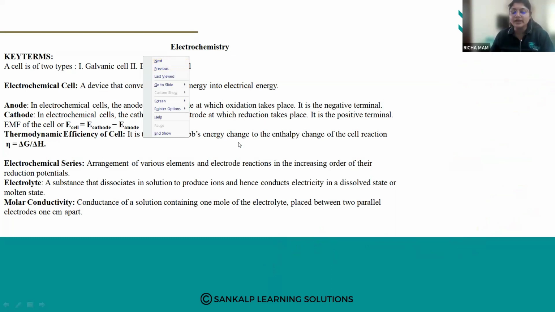The first difference: metallic conductivity is due to the movement of electrons.